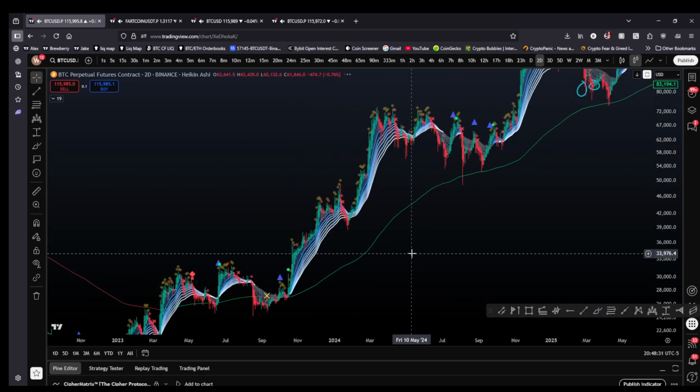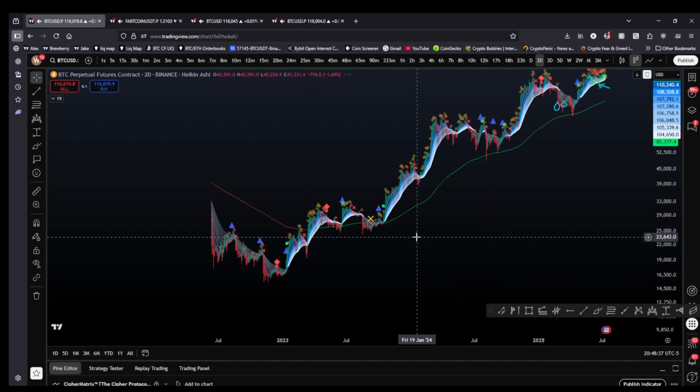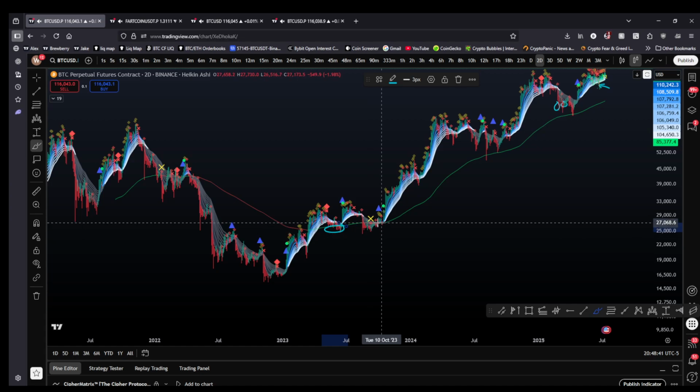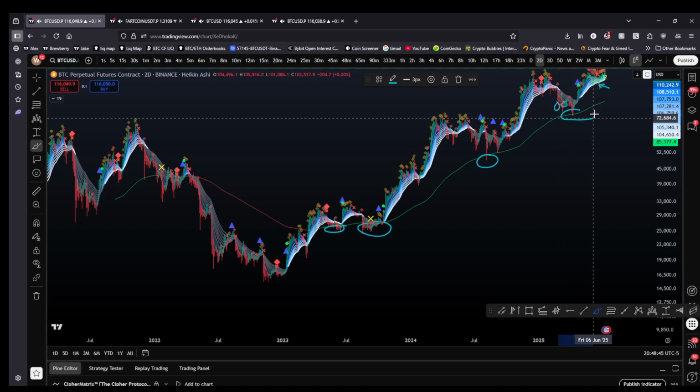If you just had your Market Cipher indications on and you're just looking at the 2-day time frame, you will notice that you would have longed here, you would have longed here, you would have longed here, and you would have longed here.